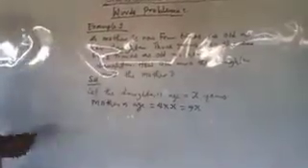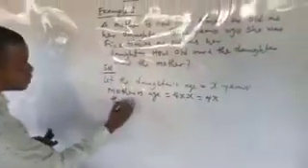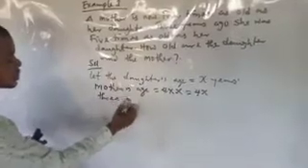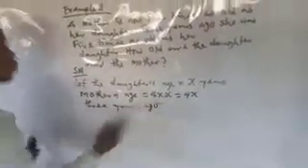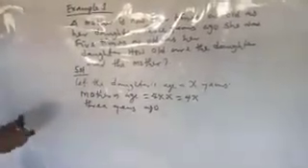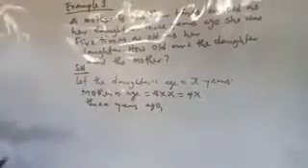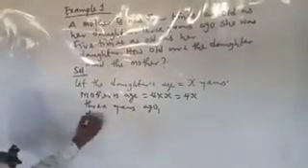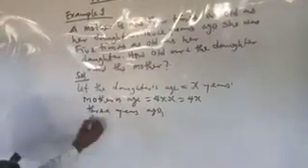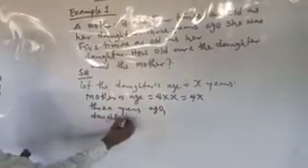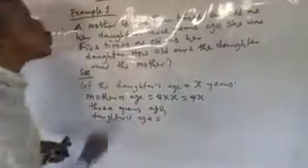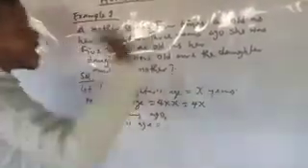Now, 3 years ago. What happened 3 years ago? Please do not underestimate that particular word statement because it's very important to the question. 3 years ago, what is the daughter's age? 3 years ago, the daughter's age will be equal to, assuming we say 3 years time, that is going to be addition.